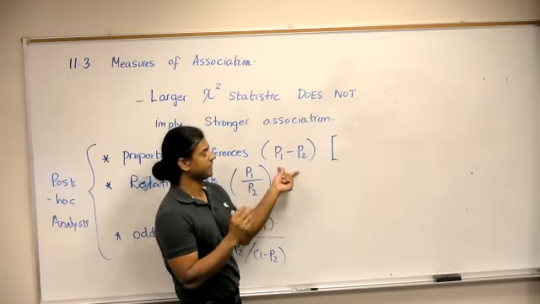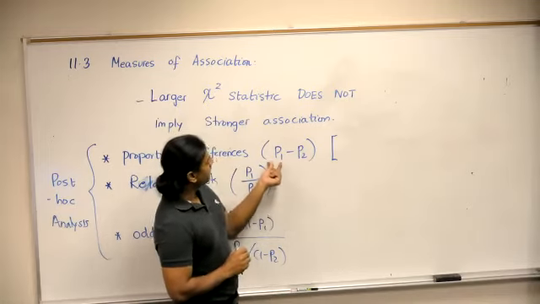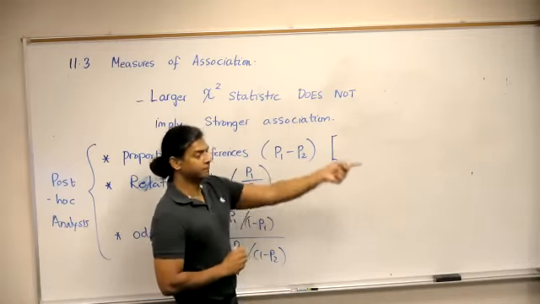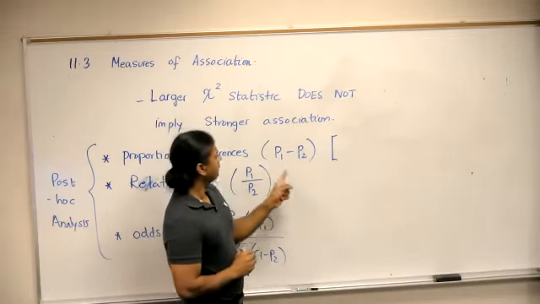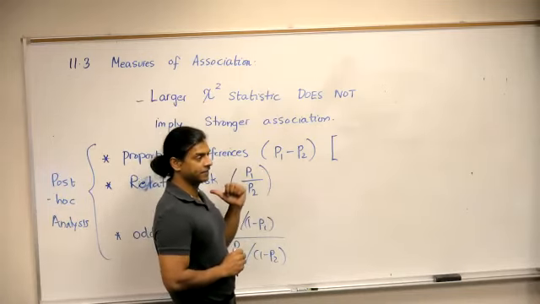Do you agree? So clearly there has to be a difference. If P1 is significantly bigger than P2, you would get a positive number. If P2 is bigger than P1, you get a negative number.